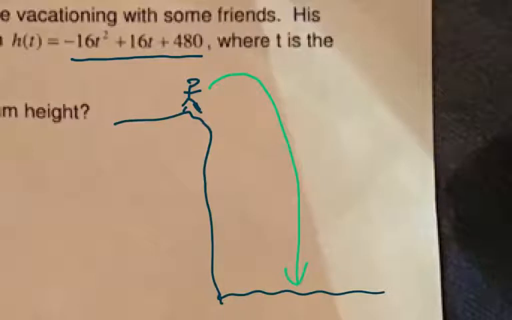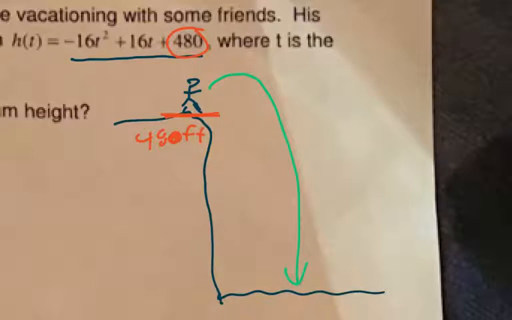So, what does the equation tell us? Well, this 480, this constant, tells us that Jason is 480 feet above the water. In other words, we just figured out how tall the cliff is, at least from where he's standing. So the cliff is 480 feet tall.